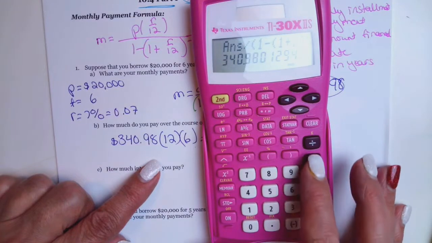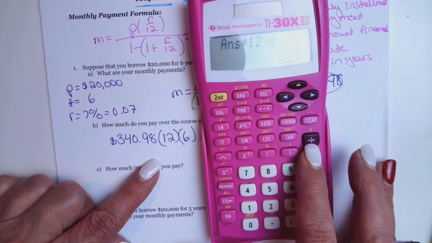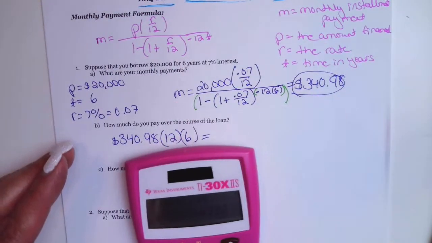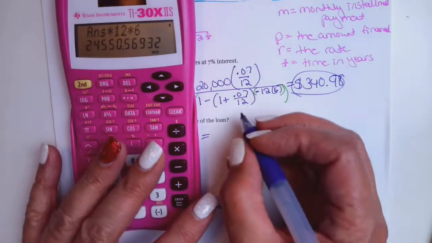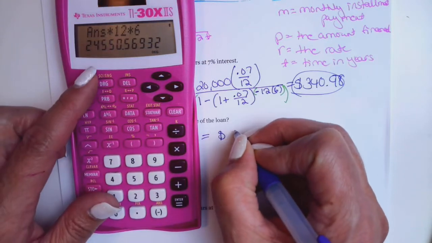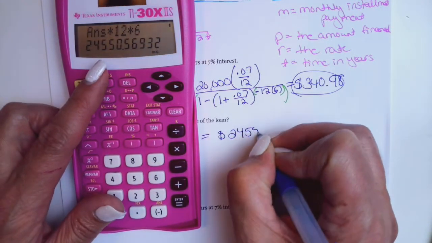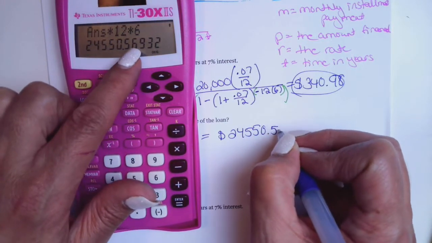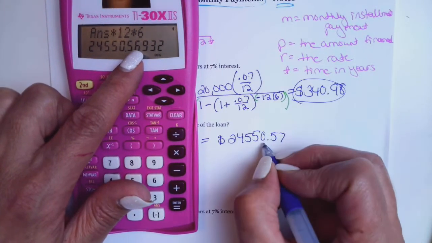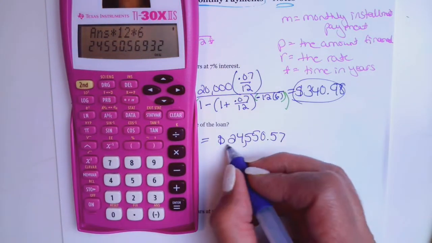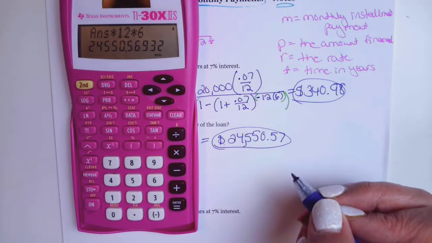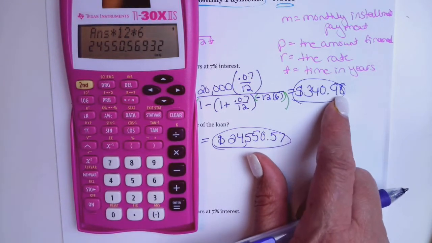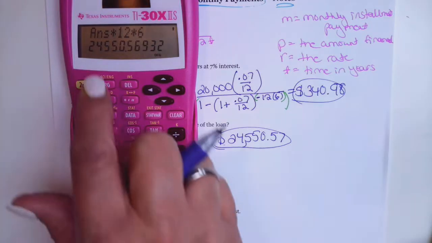I'm just going to multiply by 12 times 6. And I get $24,550.57.